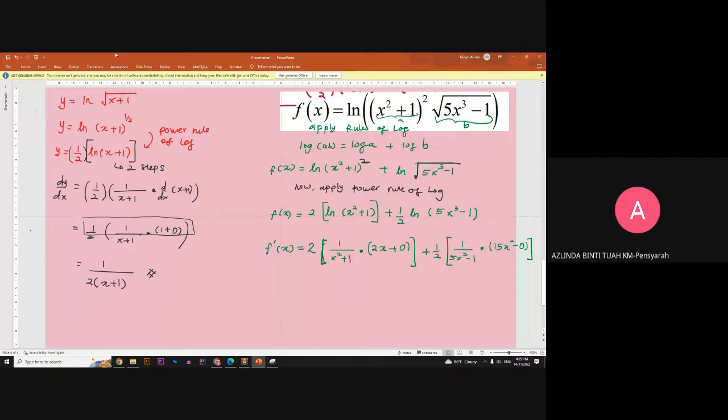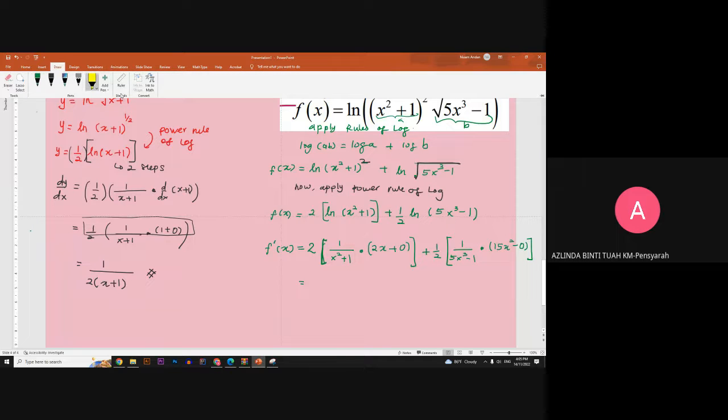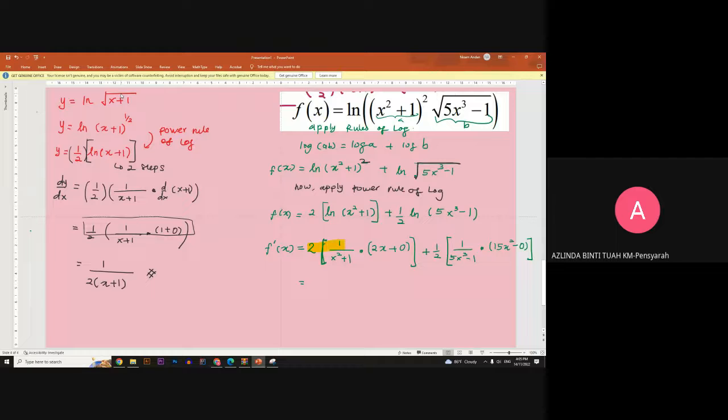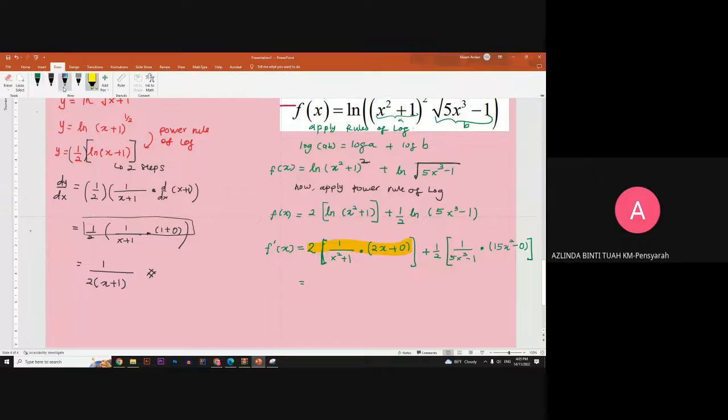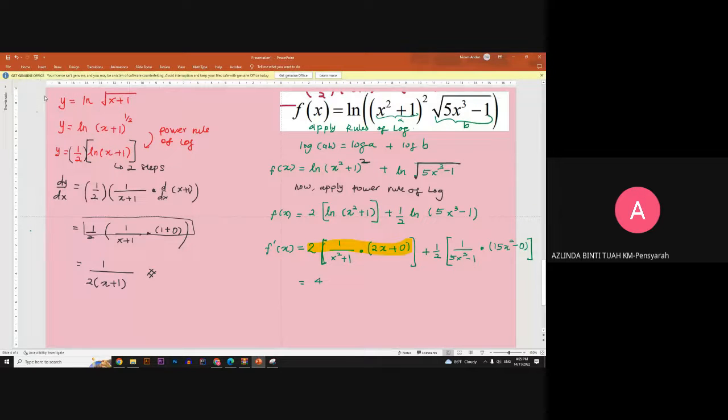Okay, simplify. We multiply everything on the top. What is on the top? 2, 1 times 2x. So now on the top for the first part, I have 4x over the denominator x squared plus 1.